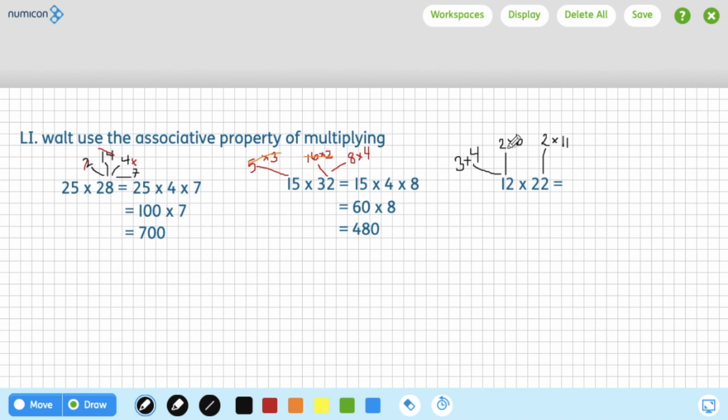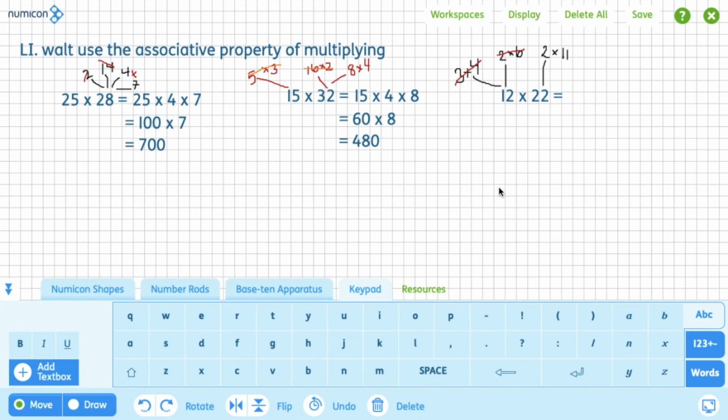But I'm looking here and I'm thinking, if I leave the 12 as it is, so I don't use these ones, and I go 12 times 2 times 11, well, I know 12 times 11 because I know my 12 times table, and I know that's 132. So if I do that, then I could just multiply that by 2. So we'll do 12 times 22 is equal to 12 times 11 times 2.